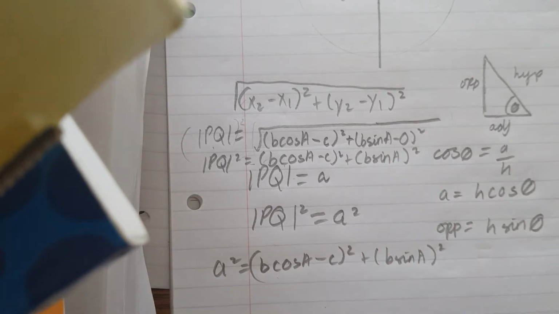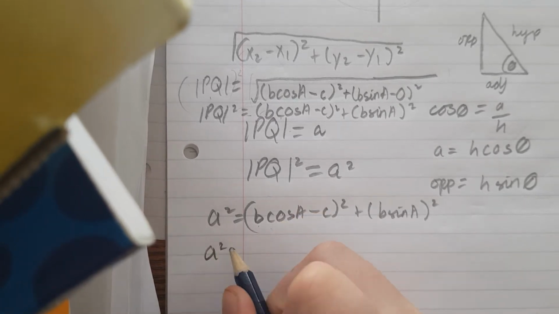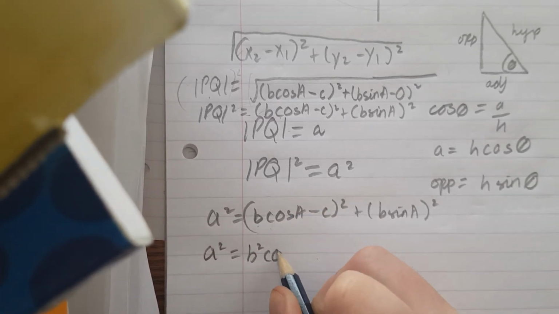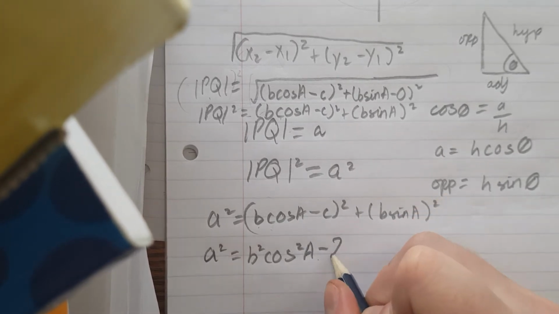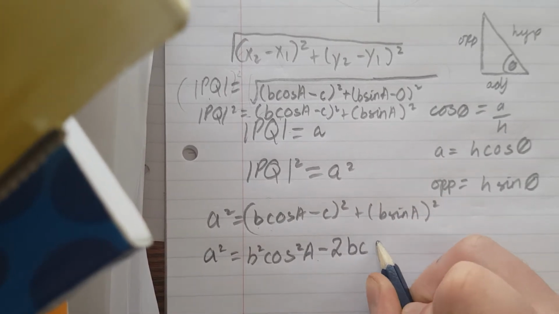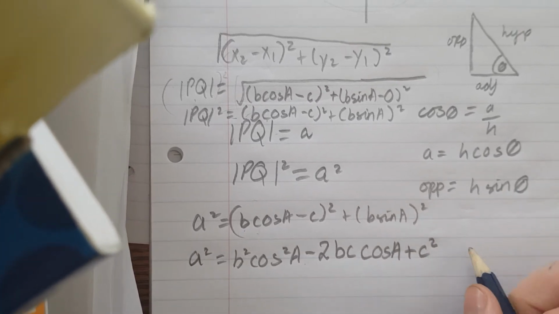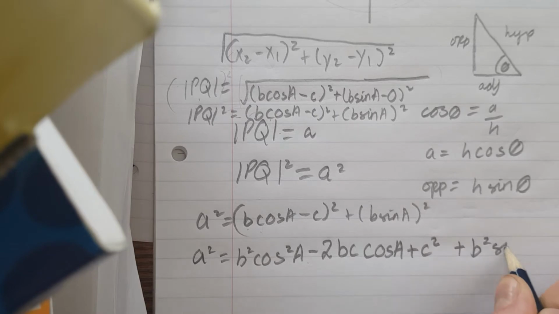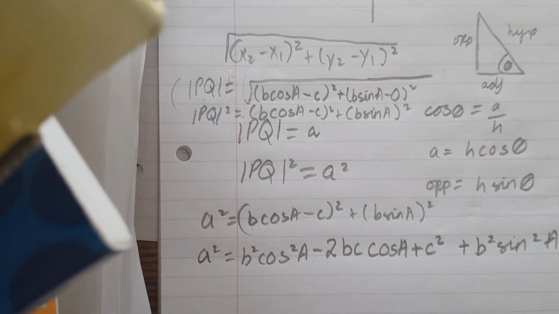So now we're going to try to square out this. So we have to multiply out this bracket. So it's going to be B squared cos squared A, and then minus 2bc cos A, and then plus c squared, and then we'll have plus b squared sin squared A. So now we have to try and sort this out.